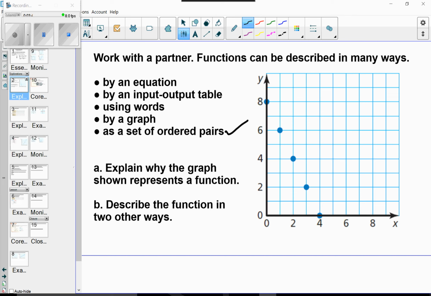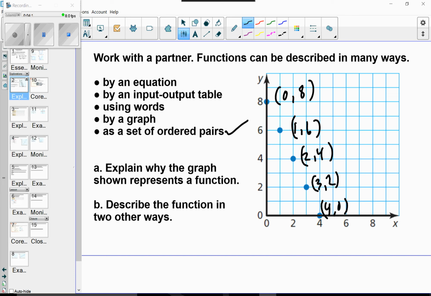For this particular one, it says explain why the graph shown represents a function. The reason is that I have (0, 8), (1, 6), (2, 4), (3, 2), and finally (4, 0).